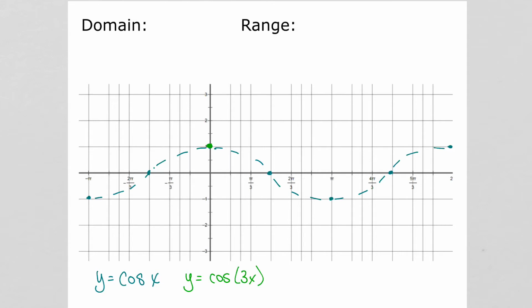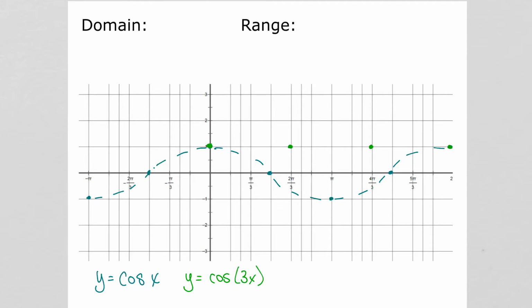we have to divide that into 3s. Then we could look at 2 pi over 3 and 4 pi over 3 and see how that divides our graph into 3 sections, 3 equal sections.